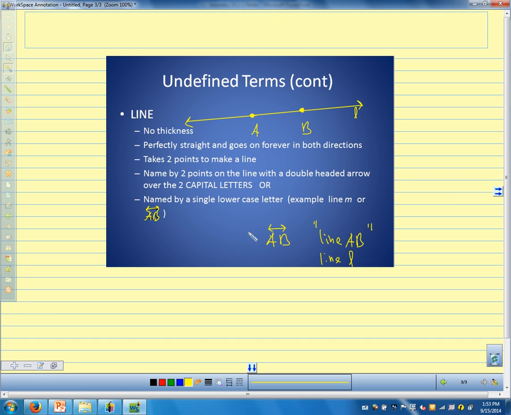But that might be an example. What would be a non-example of a line? A circle? How about an undefined term that we talked about already? Point. Point's a non-example of a line because it doesn't go on infinitely in both directions. So either of those could be non-examples. You could think of other non-examples of your own. All right, so we're good with line. It doesn't have a definition, it's an undefined term.